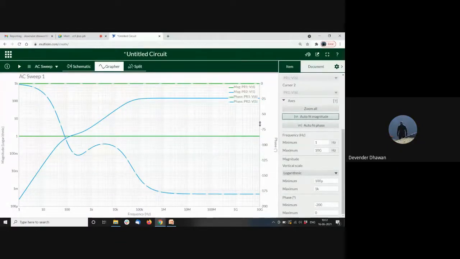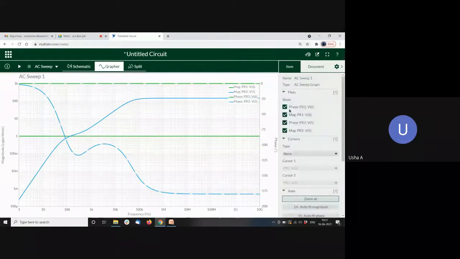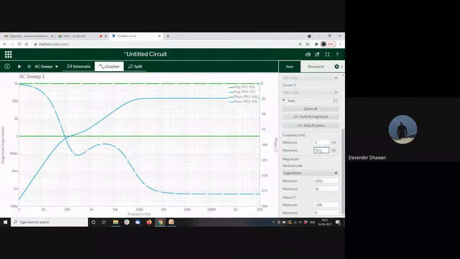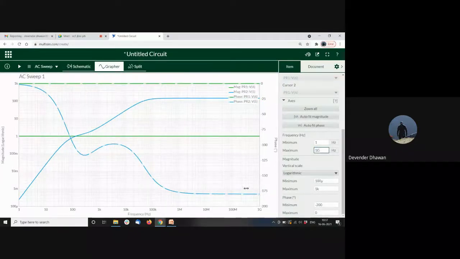Like we have auto fit for the voltage. If I decrease the volt per division, the signal will be very small, so I can just fit it all. For frequency we have the range. Now we can control the range that we want. I want till 1 gigahertz, so I can select that.